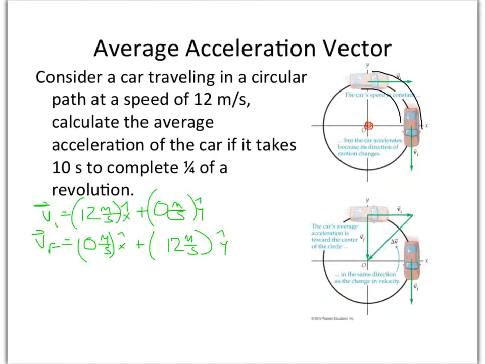But let's look more carefully at that. What do we need to do right here? Well, the y direction is directed downwards. It's in the negative y, right? So it has to say that it's a negative y component. All right, so negative 12 meters per second y hat. Okay, these are our two vectors that we have initially and finally right here.